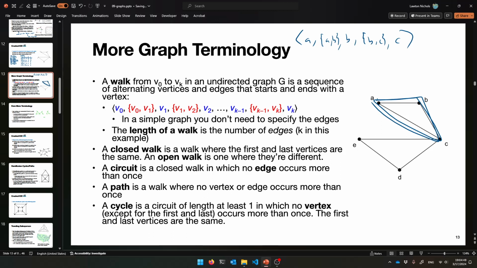I've retraced my steps twice. I've made 2 laps. That's a closed walk, but it's not a circuit because I reused edges. So this to this to this, that is a closed walk and also a circuit because no edge has been used more than once. If I start making another lap, now I'm reusing those edges. It's a closed walk, but it's not a circuit at that point. I hope you see that.